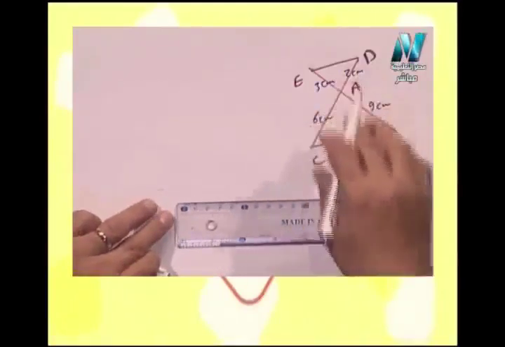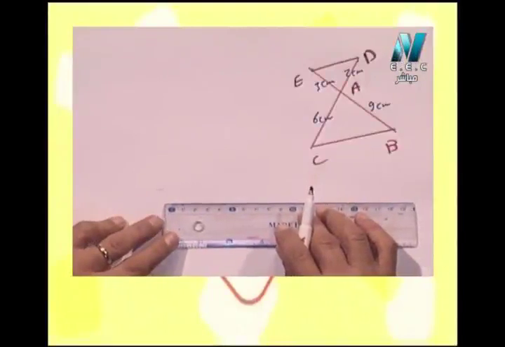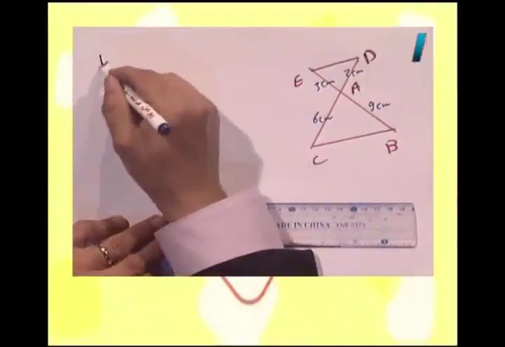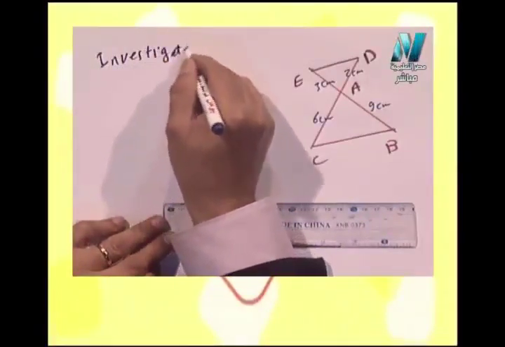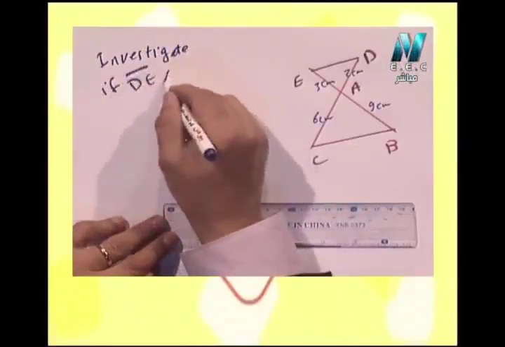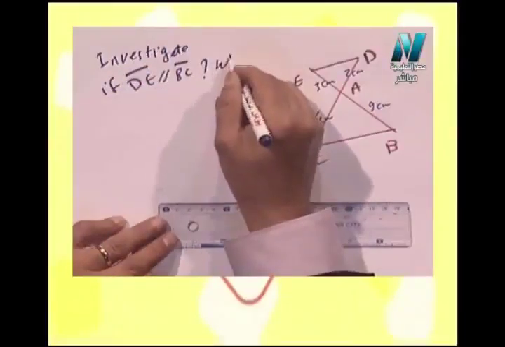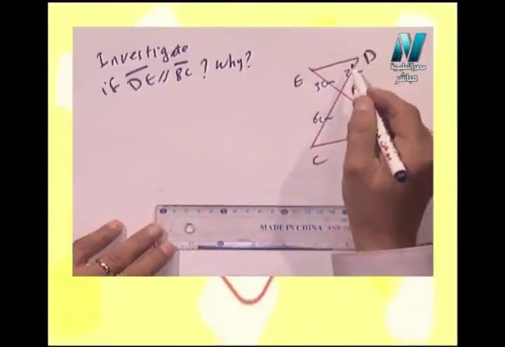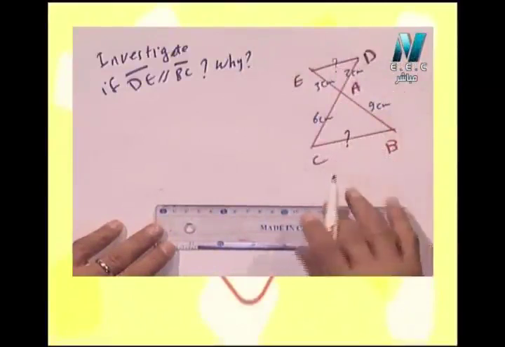These are the given, and you would like to find out or investigate if DE is parallel to BC, and why. We try to find out if DE here is parallel to BC.